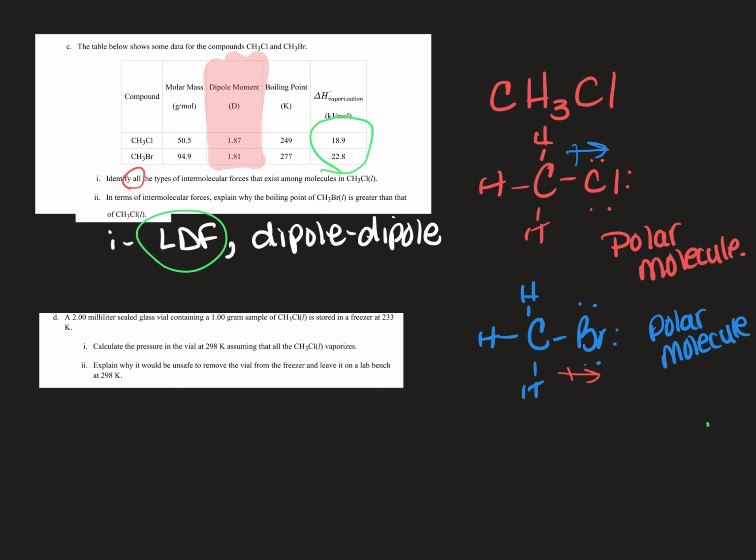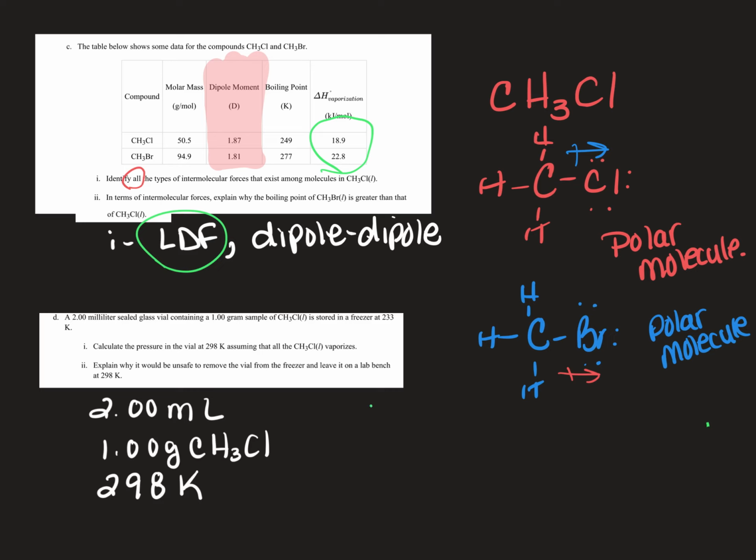We have a 2 milliliter sealed container that has 1 gram of methyl chloride, and it starts at 233 Kelvin, but we're going to make it go up to 298 Kelvin. So it wants to know what is the pressure.